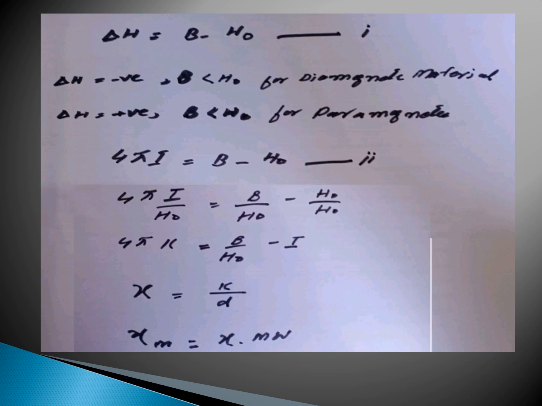By dividing the equation by H naught, we get the value of magnetic susceptibility, X is equal to K over D. Magnetic susceptibility is mostly regarded in the form of molar susceptibility. So molar magnetic susceptibility is equal to susceptibility times molecular weight.